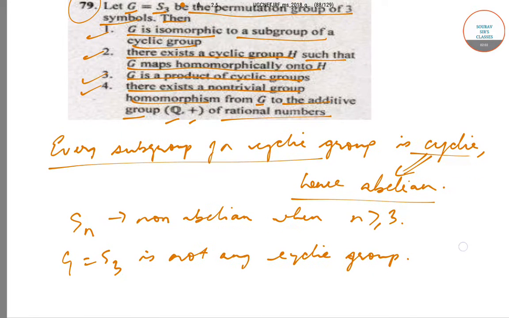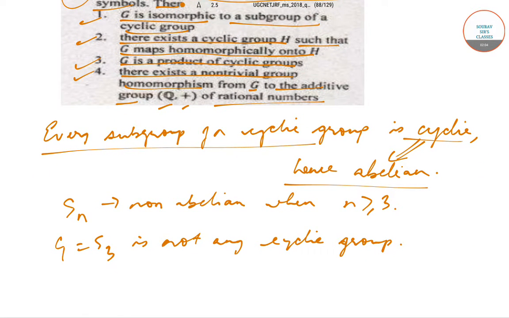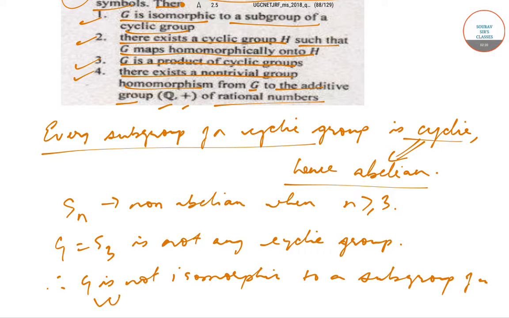And if it is not any cyclic group, that implies that G is not isomorphic to a subgroup of a cyclic group. So that implies that option 1 is false.